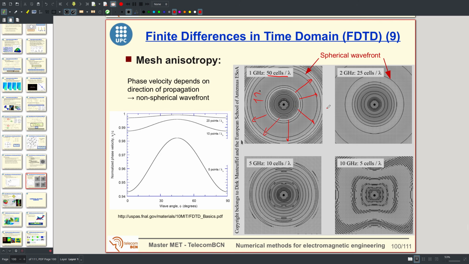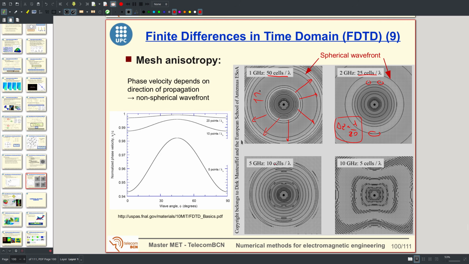If we reduce the number of samples to 25, it is still okay. We can see here some very small defects, but it is still almost cylindrical, so 25 or 20 cells per lambda is okay. This is a sampling of about lambda over 20 that I told you is normally the best option.